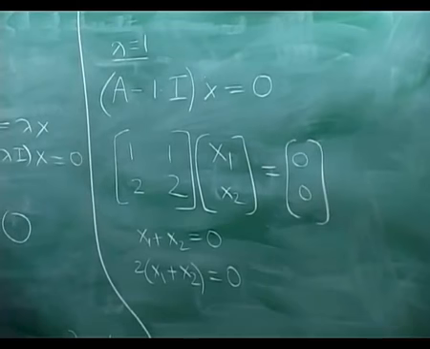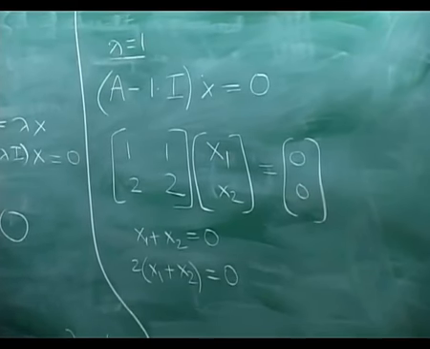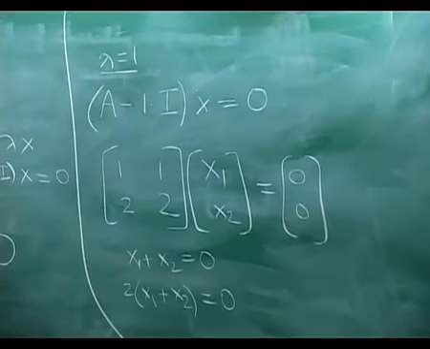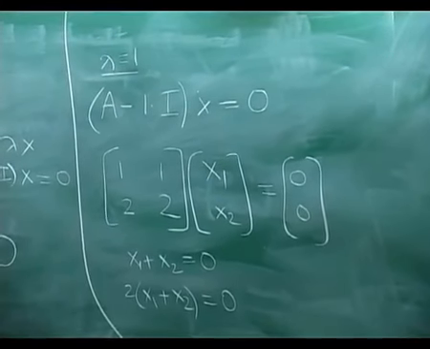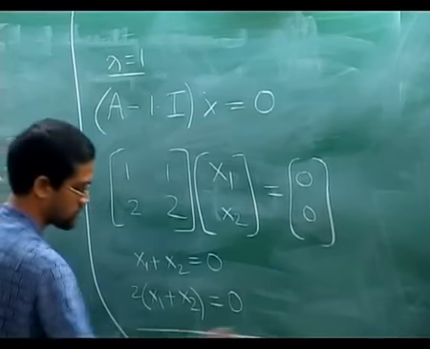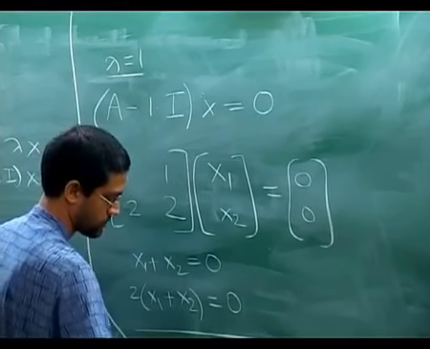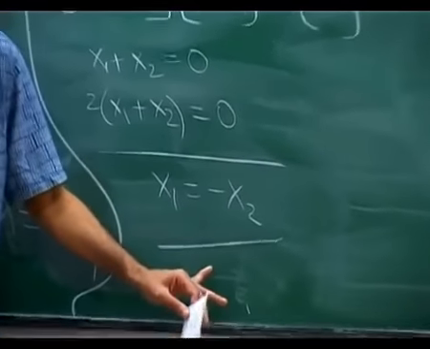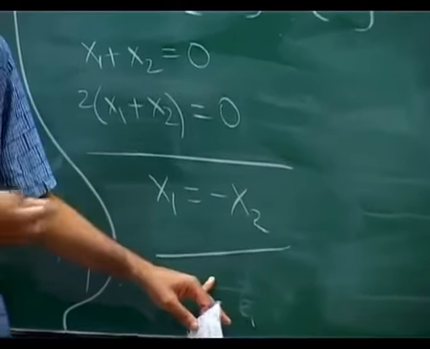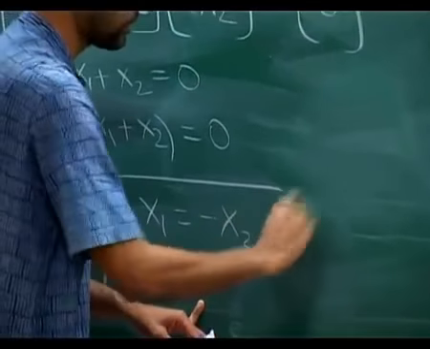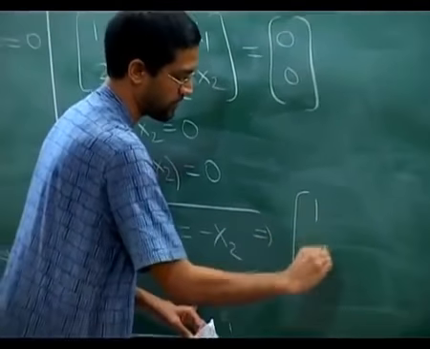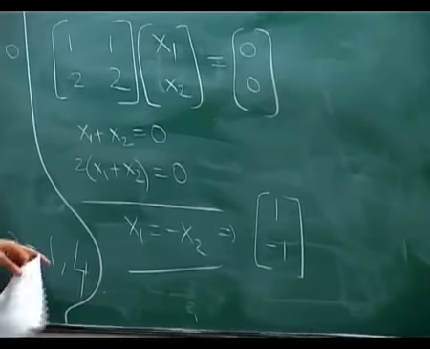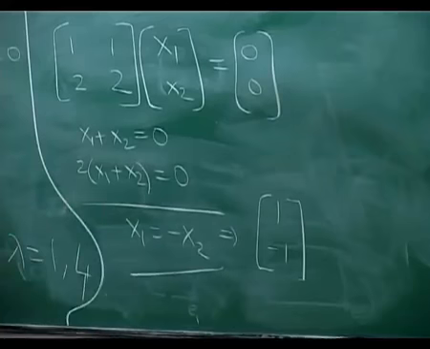There aren't that many linearly independent conditions. Several conditions, for example, might be redundant. You may have fewer than n conditions. So therefore x1 is minus x2. So there are several solutions, and we can pick any one. For example, here we can take x1 is 1, and we get 1 comma minus 1. So that is the eigenvector corresponding to this eigenvalue, right?